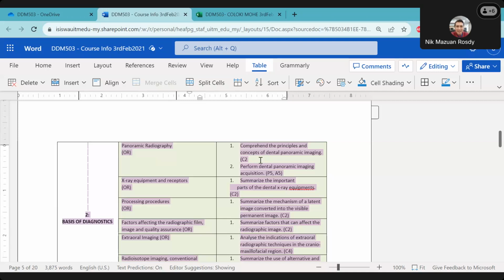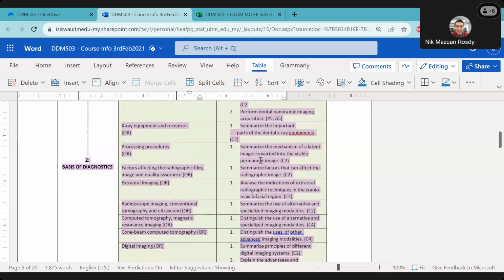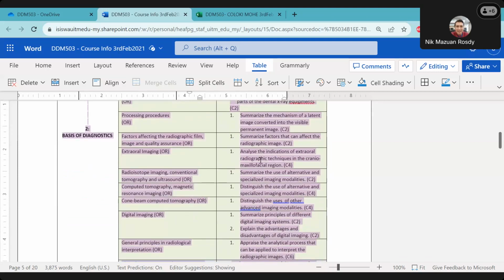Alright, is it okay, Hasna? Can the next one be a range, like C1, C2 or C2, C3, C3, C4? Can we put the range?